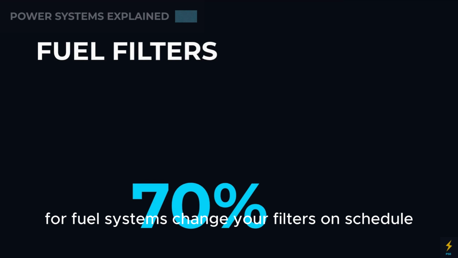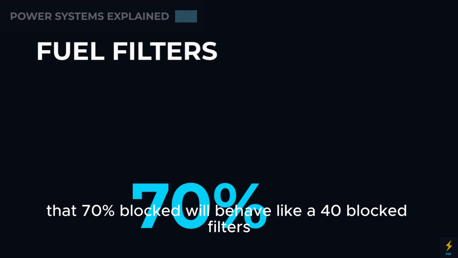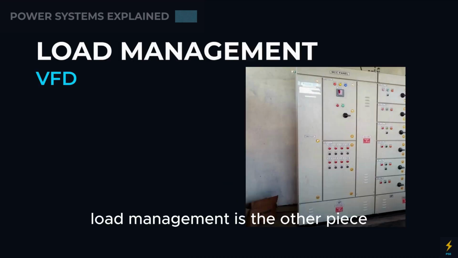For fuel systems, change your filters on schedule, not when they look dirty. Under high load, a filter that is 70% blocked will behave like a fully blocked filter. Don't wait for symptoms.